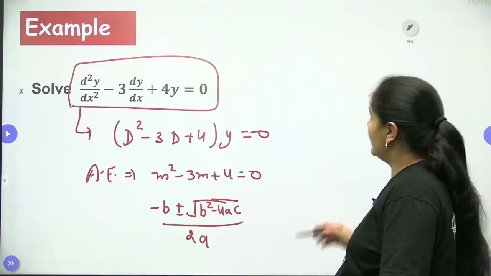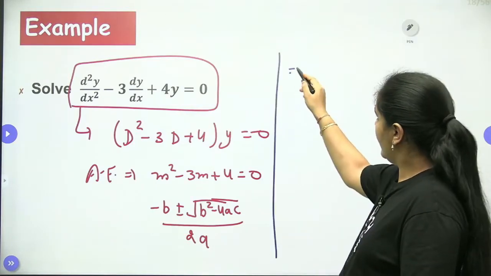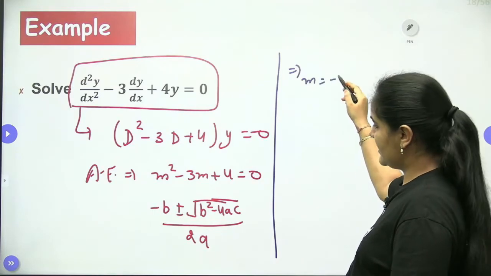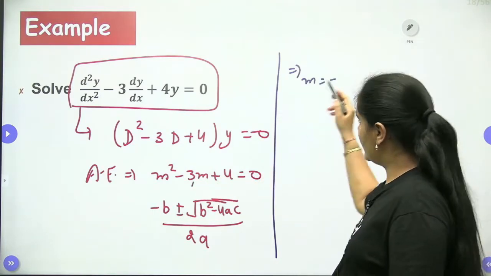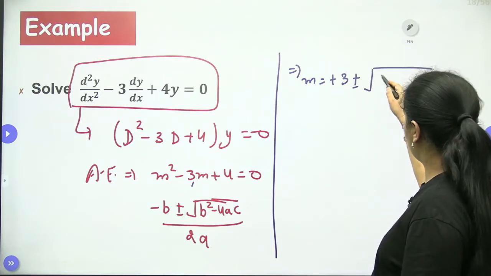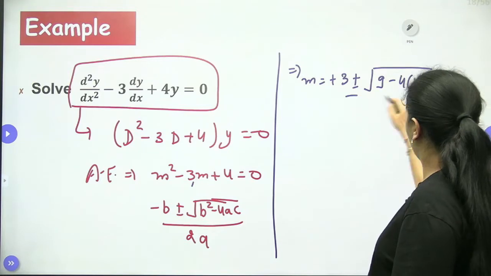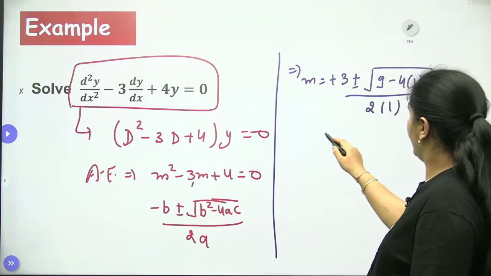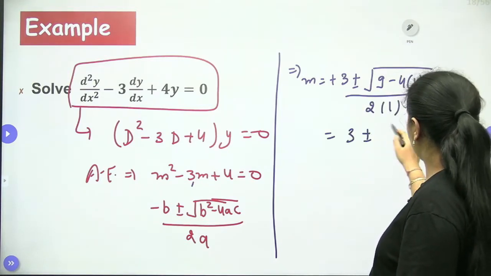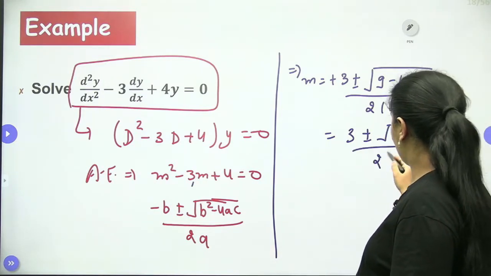So let's find the value, dear students. When we find the value, m is equals to minus b, which will be minus of minus 3, that is 3, plus minus root of b square, which is 9, minus 4ac, divided by 2a. It will be 3 plus minus root of 9 minus 16, divided by 2.